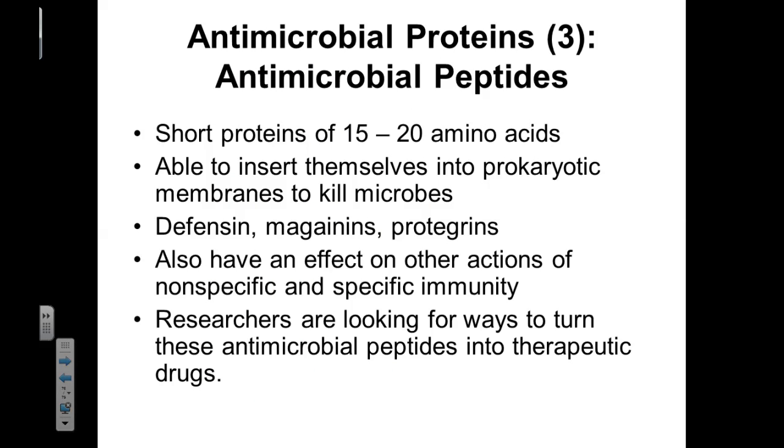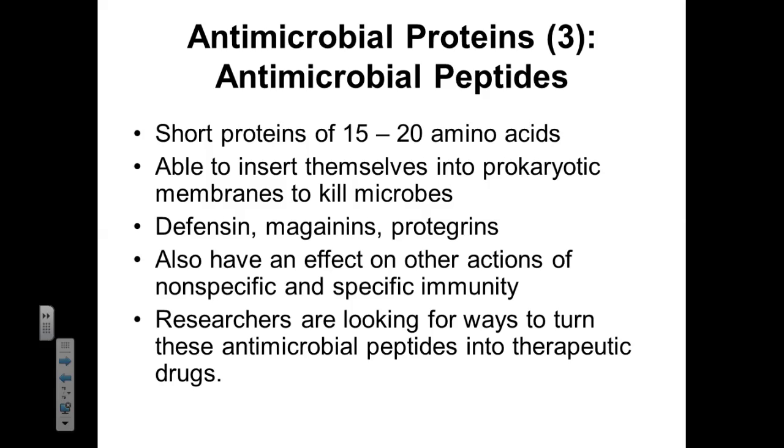We also have antimicrobial peptides in our bodies. These are small chains of amino acids, and when I say small, I mean between 15 and 20 amino acids that can insert themselves directly into prokaryotic membranes. These are sometimes referred to as defensins or magainins or protegrins. These are different kinds of our antimicrobial proteins.